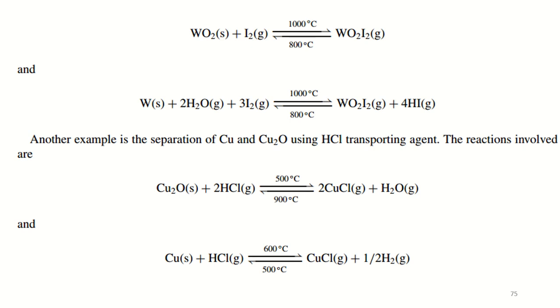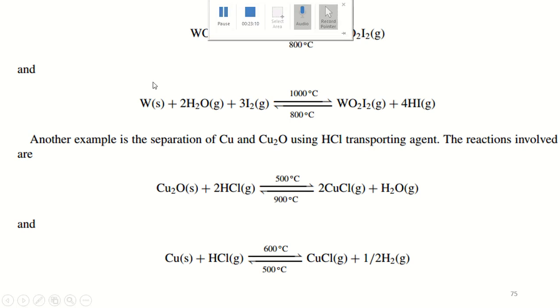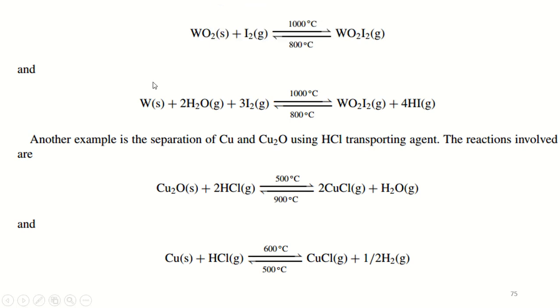There are some examples that help us understand the chemical vapor deposition method. There are many other examples of using this method to prepare binary, ternary, and even quaternary compounds.